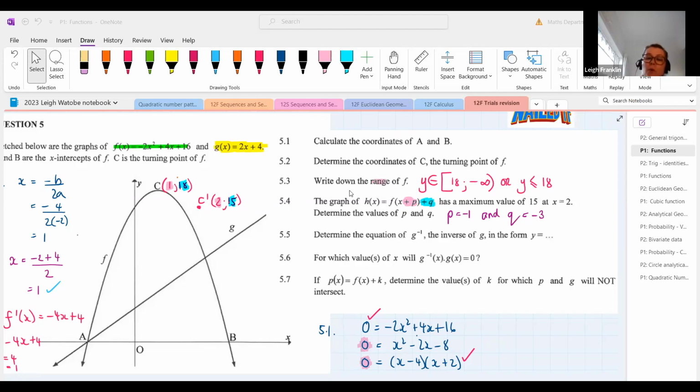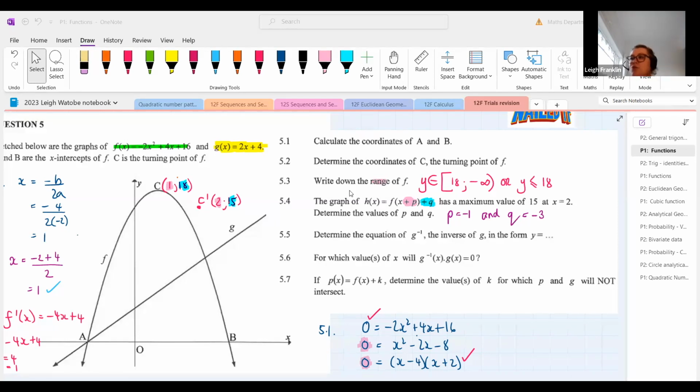Okay, so because the question is asking about range, we would include 18 because 18 is an output. In other words, it is allowed to equal 18. It is equal to 18 when x is equal to 1. So you will include 18.